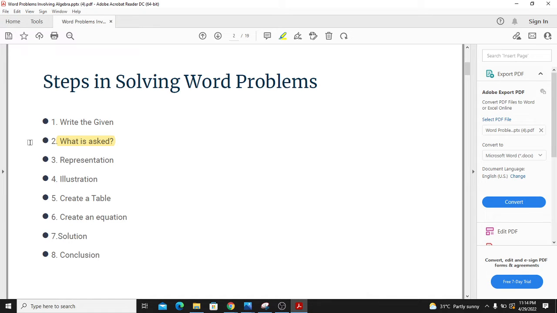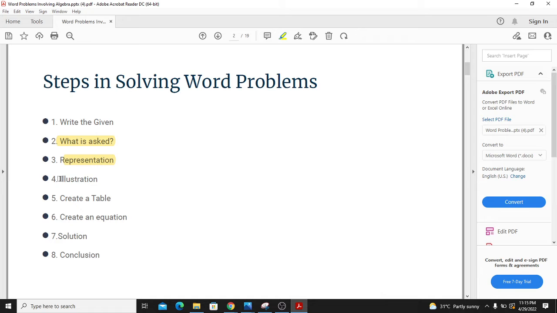That is very important. And also, when we can determine the given and what is asked, we can now represent the given. We will now have a representation: any variable that we can use for a certain problem.